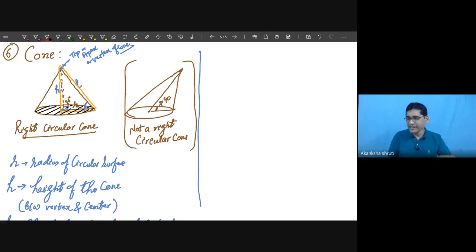The remaining will give us the curved surface area or lateral surface area. Can we get it directly from h and r?